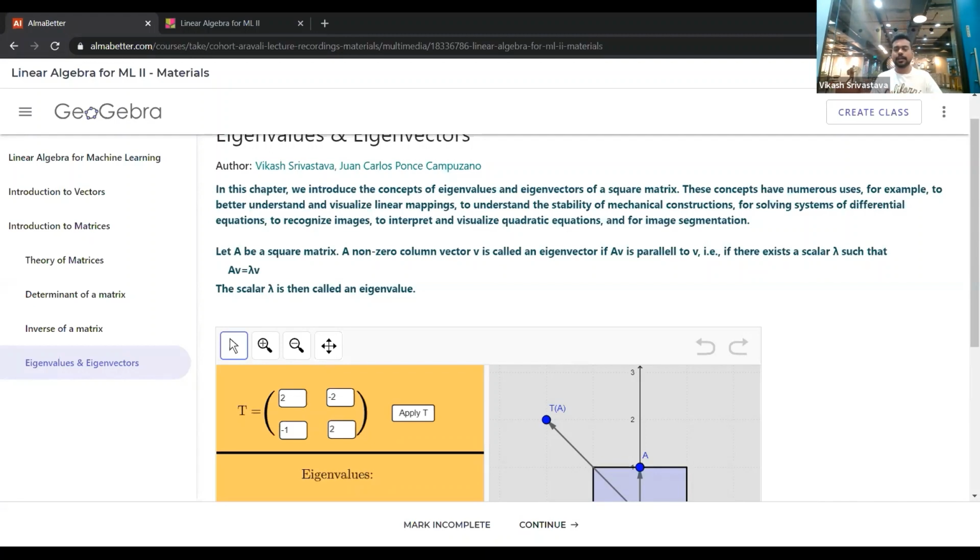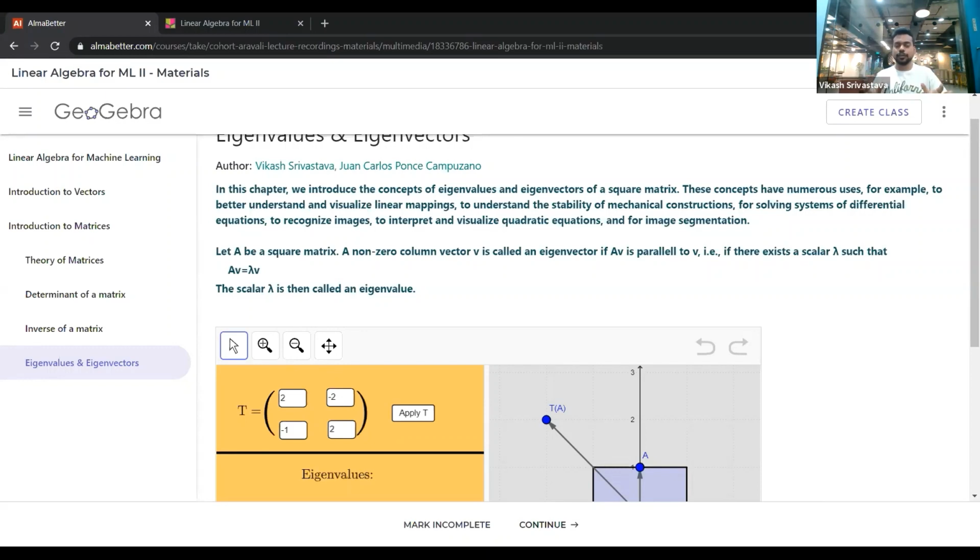It's not only in NLP. PCA, principal component analysis, is an unsupervised learning algorithm, and there we'll see how we can use eigenvalue or singular value decomposition. It's not restricted to NLP. There are a lot of different machine learning algorithms where these concepts are used.